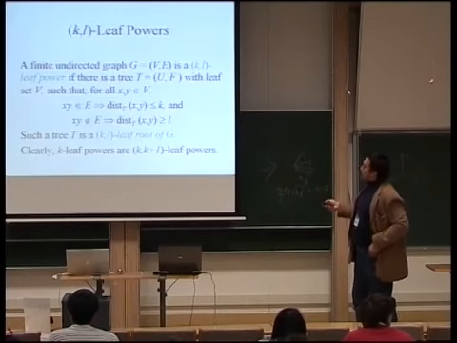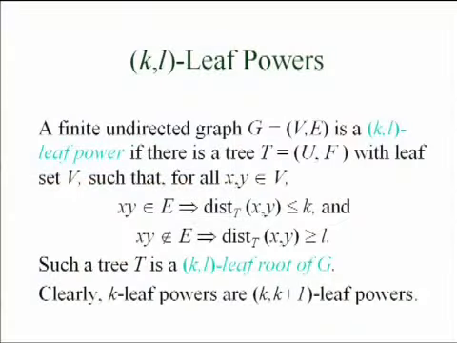So k,l-leaf powers. This is the same setup. If there's an edge in the graph, then the distance in the tree is at most k, and l corresponds to the case that it is not an edge, so the distance is at least l. k-leaf powers are k,k+1 leaf powers, and of course this is a specialization of k-leaf powers.